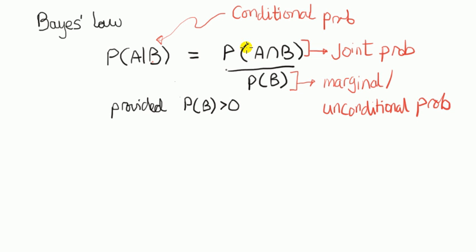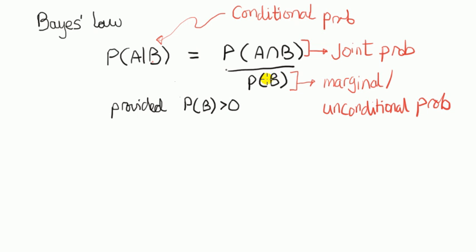Probability of A and B, that is called joint probability. As the name suggests, we're interested in the probability of more than one event happening. This one here, probability of B, is called the marginal or unconditional probability. It's the opposite of the conditional.